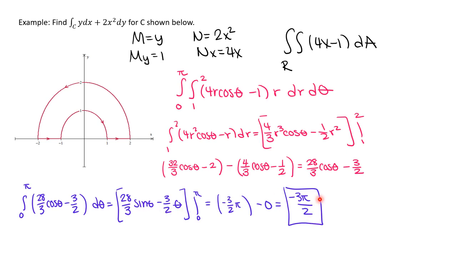And there's my final answer, negative 3/2 pi. So using Green's theorem, writing this as a double integral over a region in the plane, I think was a lot easier than setting it up as a line integral. If we wanted to set this up as a line integral, we'd have to do 1, 2, 3, 4 different paths.